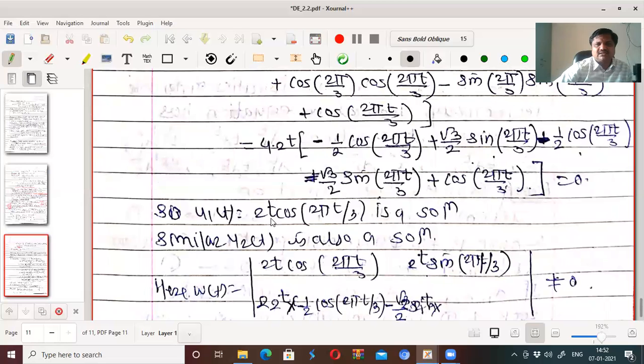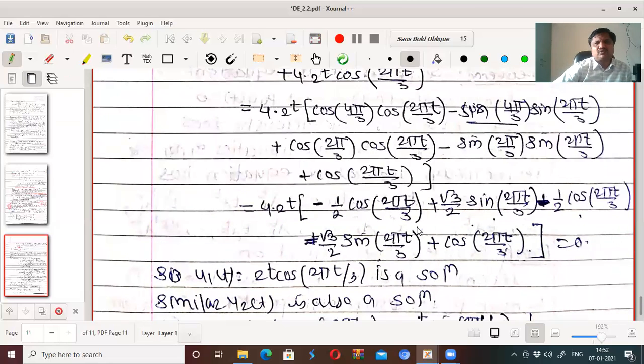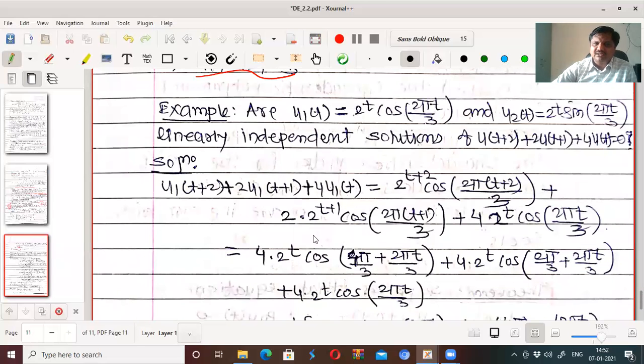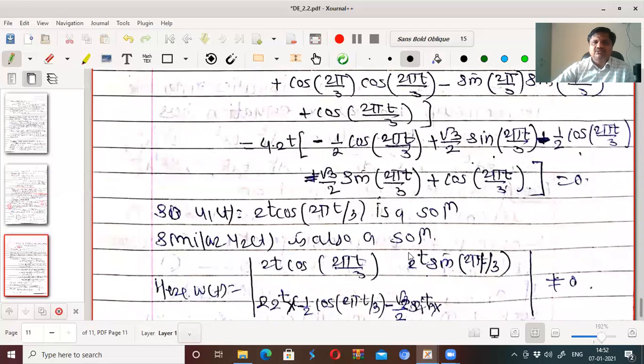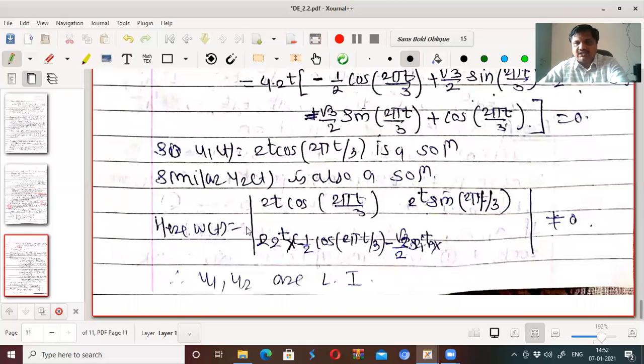Similarly, we can show that u2(t) also satisfies the same equation. So what we want to again prove there for u2(t) is u2(t plus 2) plus 2 times u2(t plus 1) plus 4 times u2(t) is equal to 0. Therefore, we can show that u2(t) is also a solution of the same difference equation.